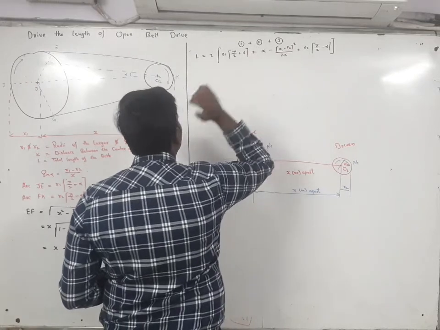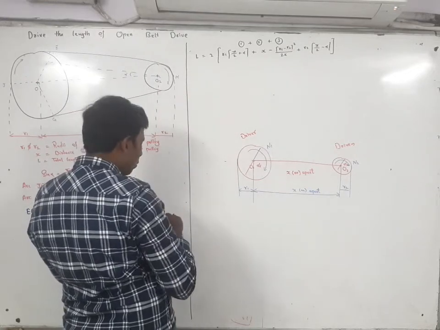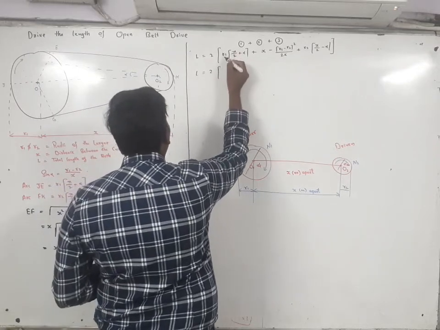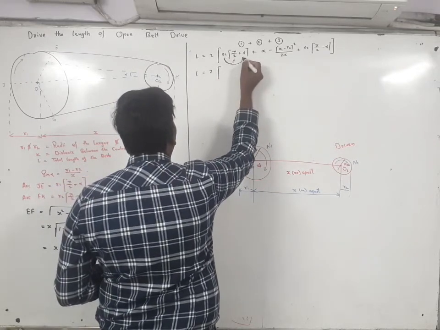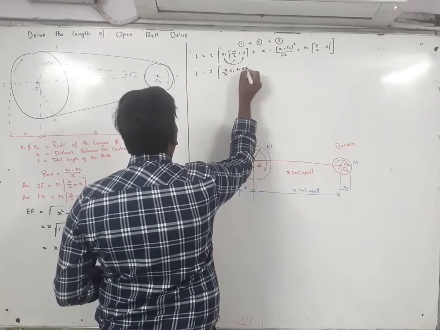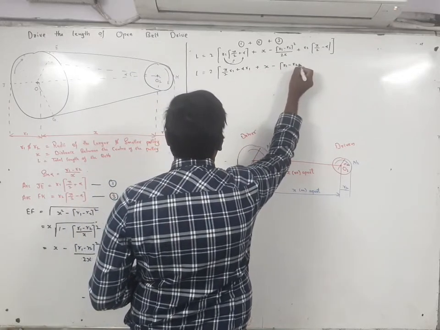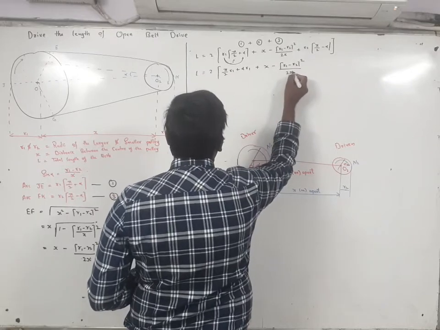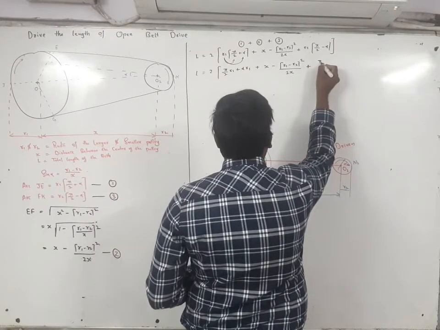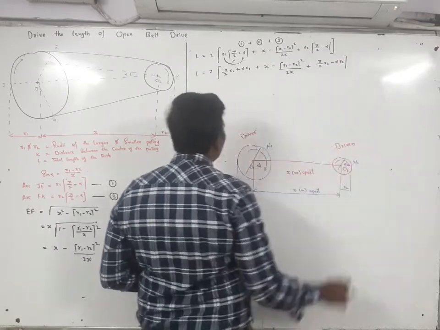I am considering the 2 by taking the two sides. So L is equal to 2 times: pi by 2 R1 plus alpha R1, plus x, minus (R1 minus R2) whole square by 2x, then plus pi by 2 R2 minus alpha R2.